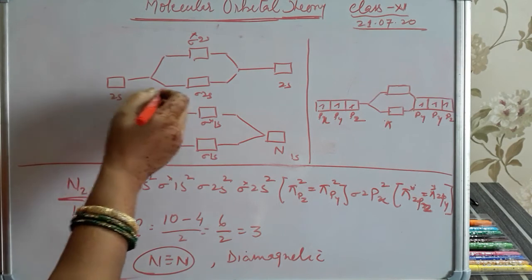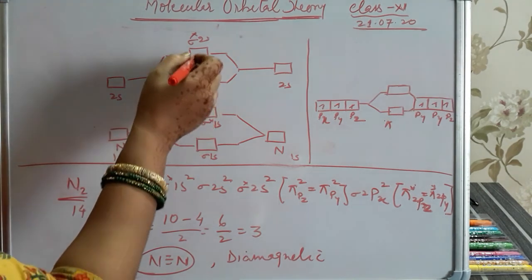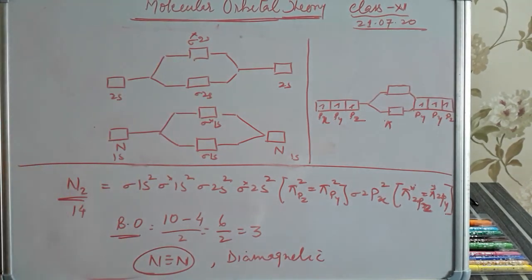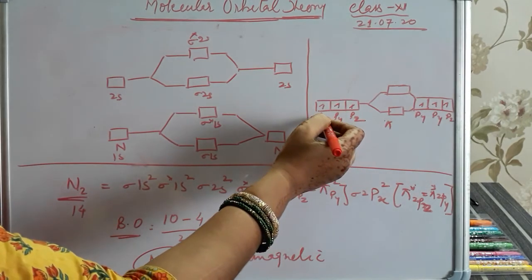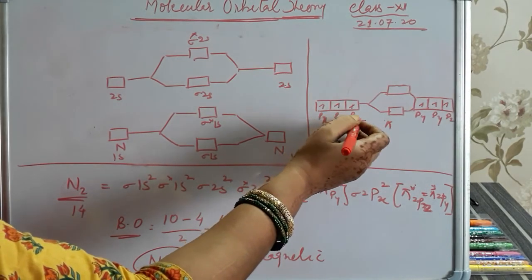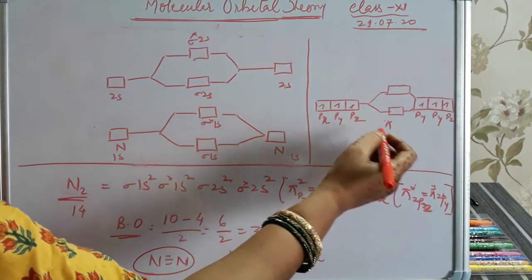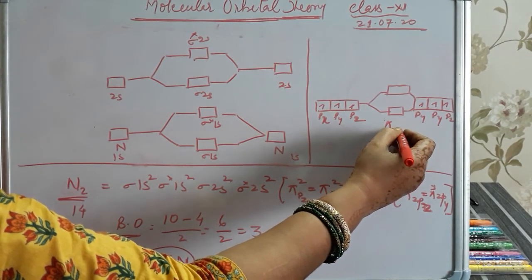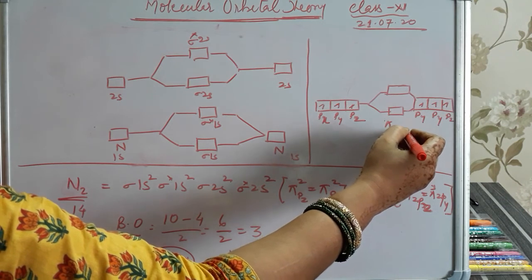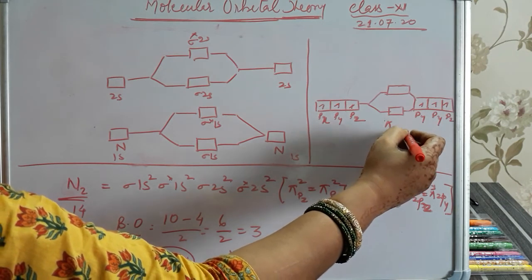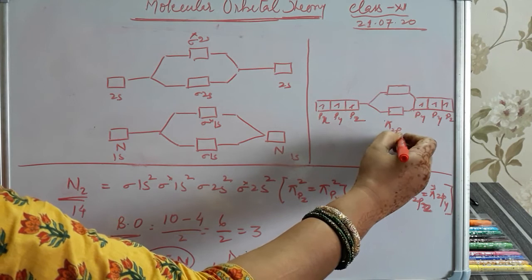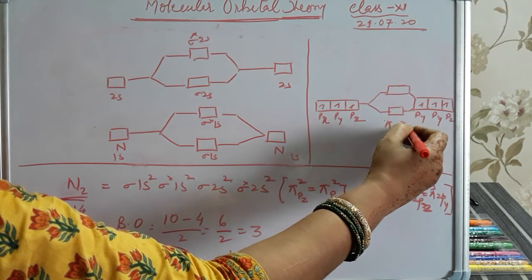This is for 2s, sigma 2s and sigma anti-bonding 2s. For this 2p orbital, this is also a 2p orbital. So at first form the pi 2pz and pi 2py.